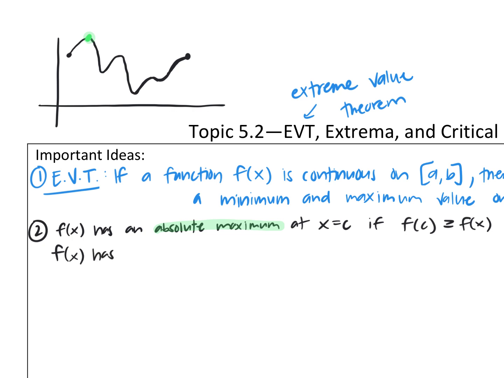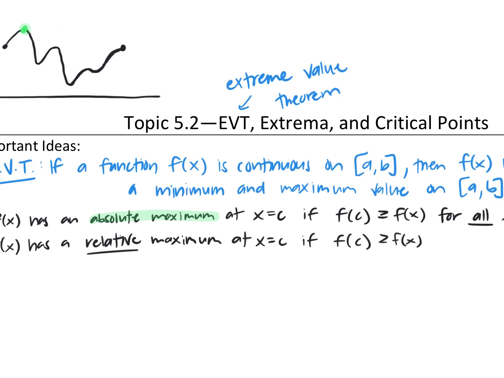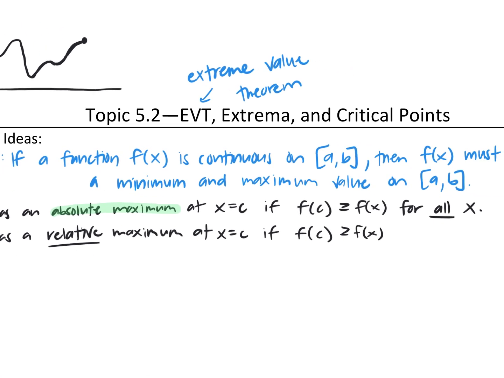So f of x has a relative, that's your word you're changing, maximum at x equals c if f of c is still greater than or equal to f of x, but not for all x this time. It's going to be for x near c. So change those 2 things that I have underlined there.